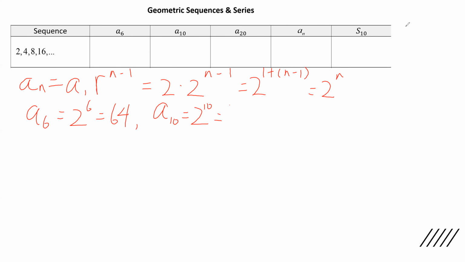That will be 1024. Okay. A sub 20 will be 2 to the 20th power. That will be, this is a large number. So we can fill in the blanks.